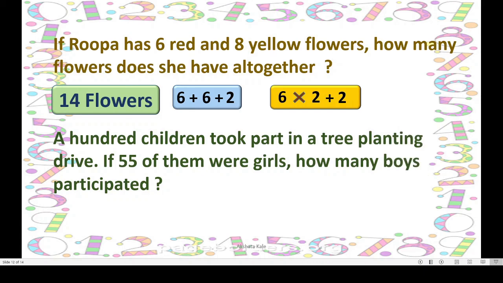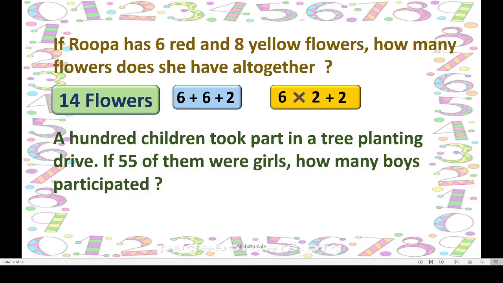100 children took part in a tree planting drive. Tree plantation drive was going on. So 100 children, they participated. If 55 of them were girls. How many were girls? 55 children. How many boys participated? We have to find out. Yes, come on, tell me the answer.